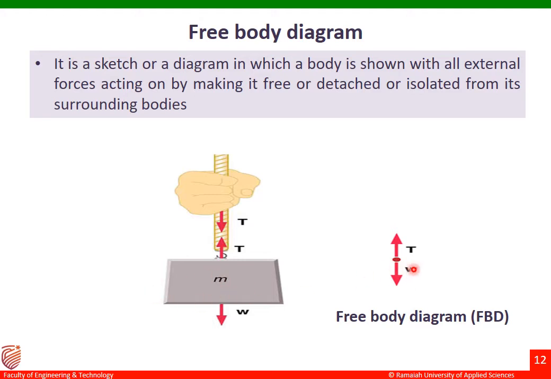The mass is taken as a circle, with a tension force acting upwards and the self weight of the body acting downwards. This is called the free body diagram of this actual diagram.